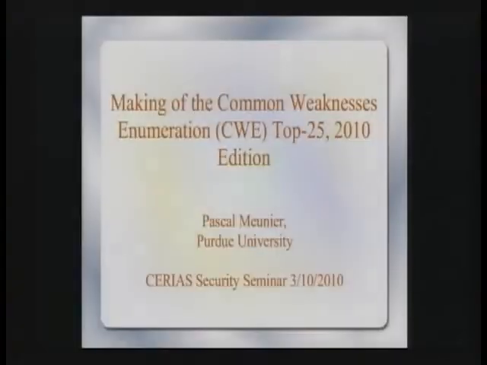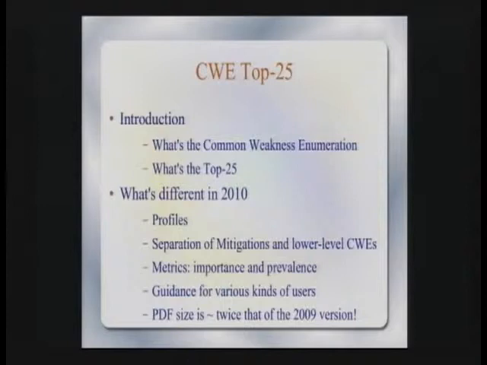All right, so I'll be talking about the Common Weakness Enumeration, which is, as was mentioned, directed by MITRE. It's a joint effort with science and security vendors as well. So this is the plan of the talk. I will describe what the Common Weakness Enumeration is.